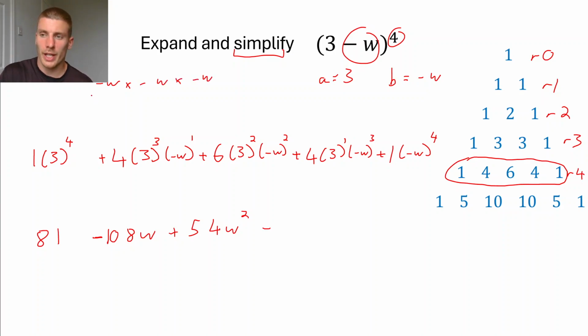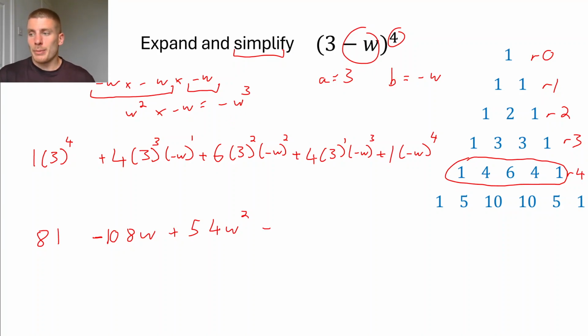You just saw that if you multiplied minus w by minus w, that was w squared, because two negatives make a positive. But you're multiplying by minus w again over here. Now this time you've got a positive times a negative, which gives you a negative. So minus w, and by the laws of indices, w squared times w gives you w cubed. So it is negative. So you've got 4 times 3, which is 12. So 12 times minus w cubed is minus 12 w cubed.